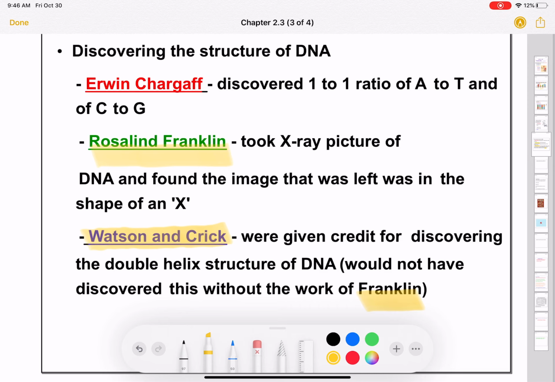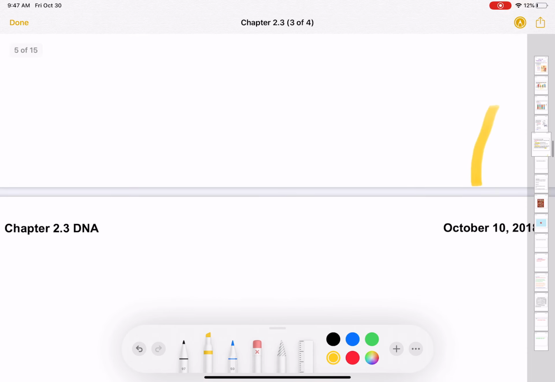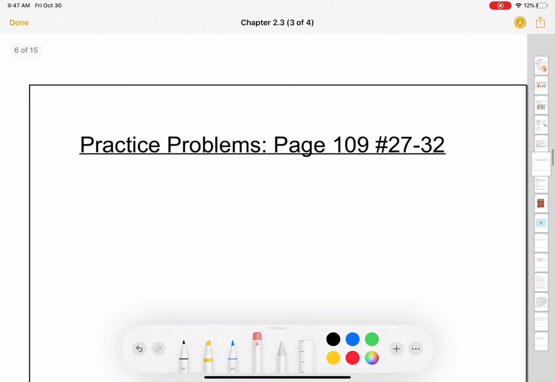And Watson and Crick stole her information and called it their own so that they could get recognized for, and I think they got the Nobel Prize for figuring this out when Rosalind Franklin didn't get any recognition. So sort of sad, but hopefully something that would not happen today, hopefully.